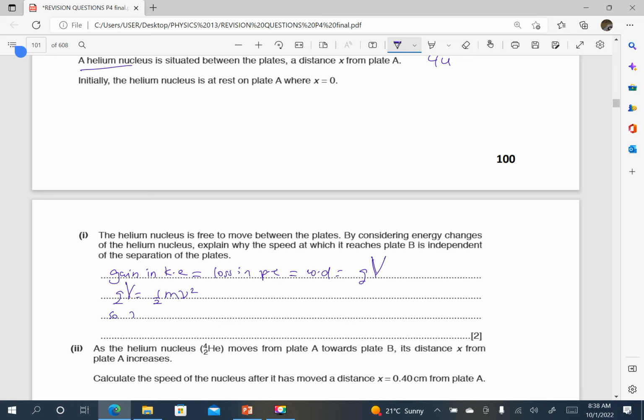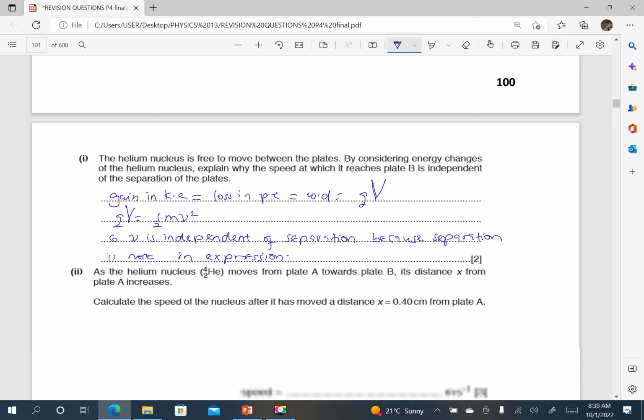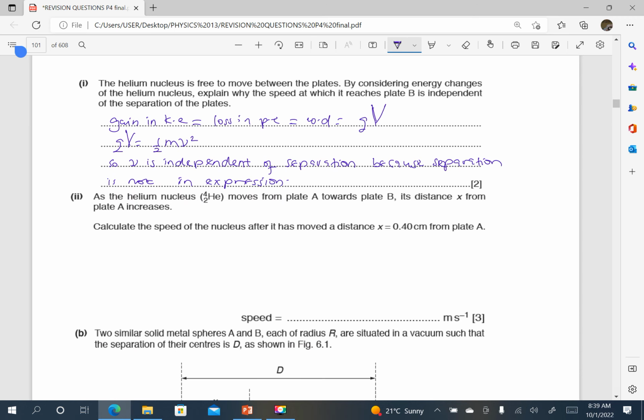So v is independent of the separation, because the separation is not in the expression.